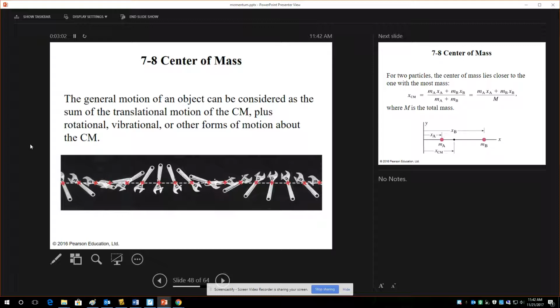This idea is moving beyond where we are right now, into the rotational dynamics portion of the course, but we will consider rotation and translation and how those two things interact with an object.